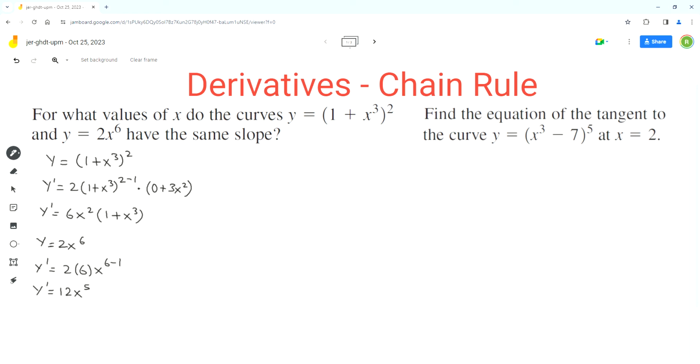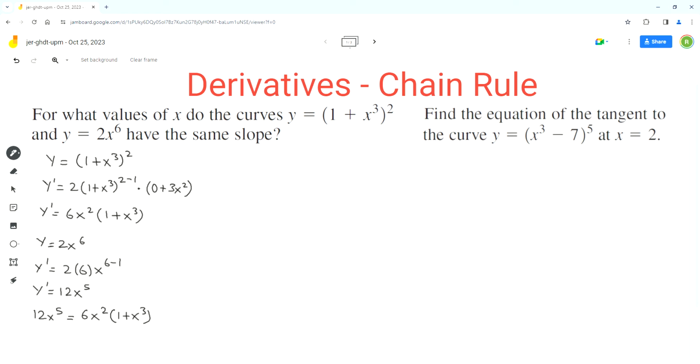Now we have to find the x values where the curves have the same slope. So we just have to equate these two derivative expressions and then solve for x. So we get the equation 12x to the power 5 equals 6x squared times (1 plus x cubed).